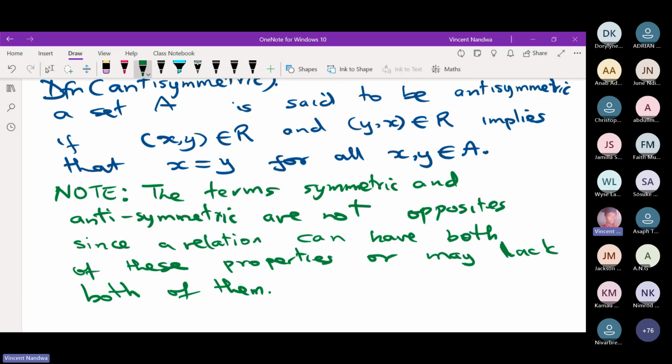So just like that, and then I give two more definitions, then we give an example that can help us to understand or master all the terms.